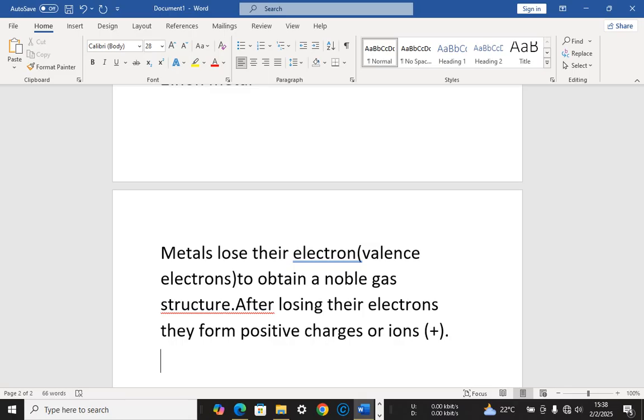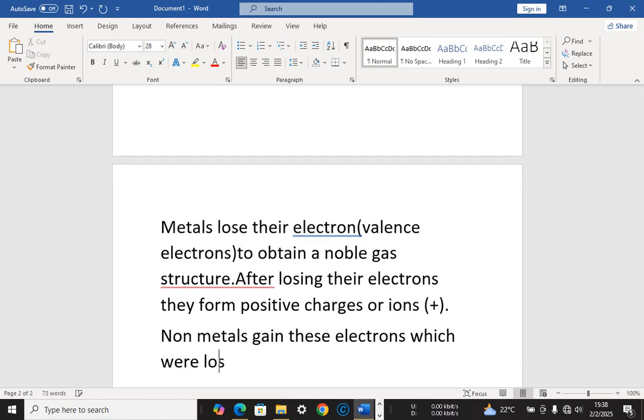So after these metals lose their electrons, non-metals gain these electrons which were lost by metals. That is some of the basics you should know when you are dealing with ionic bonds.